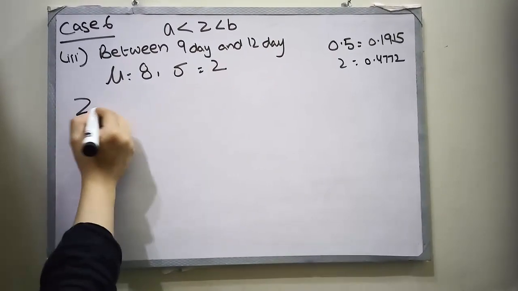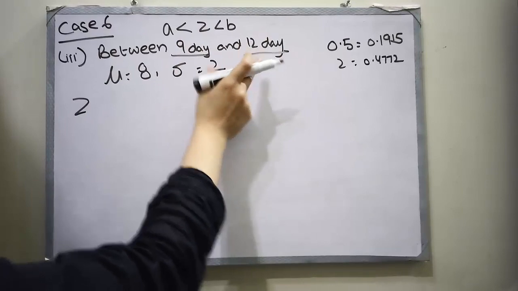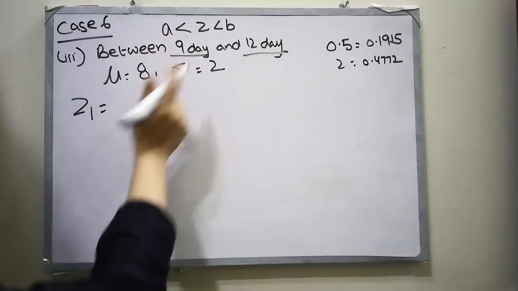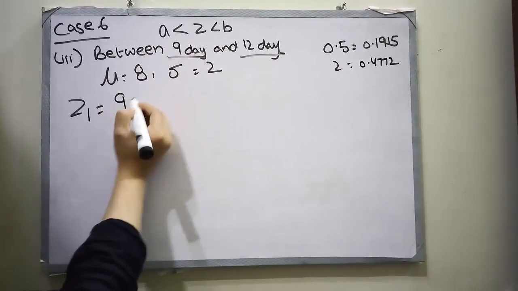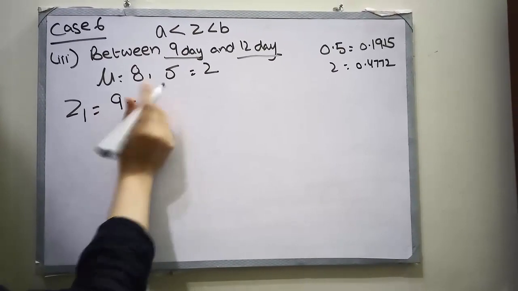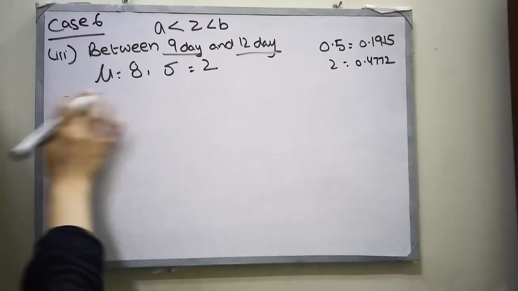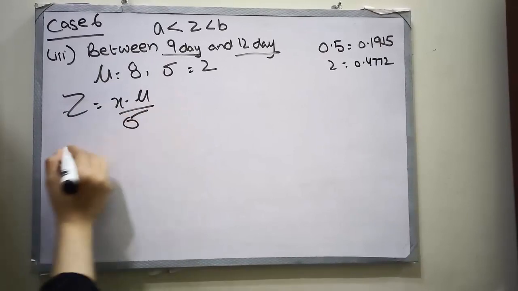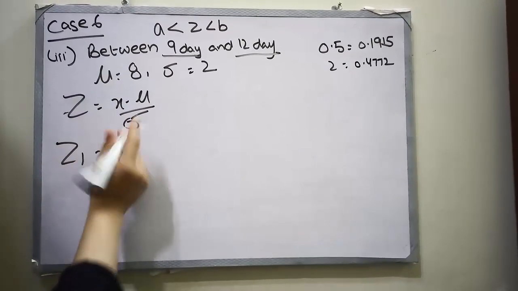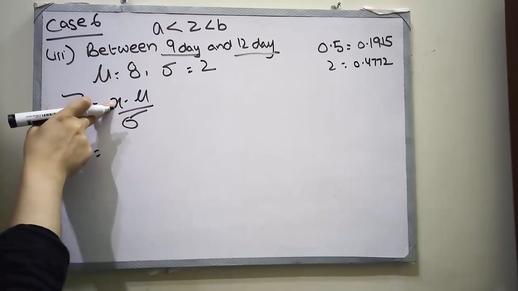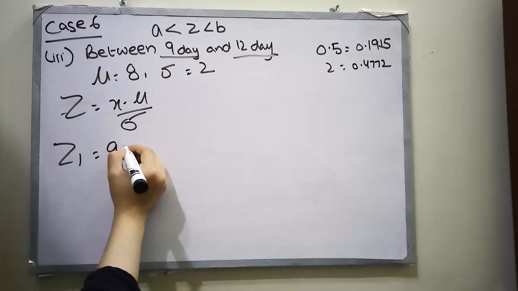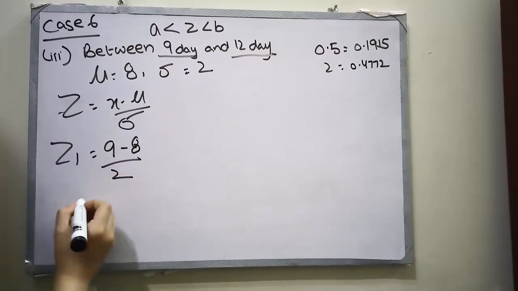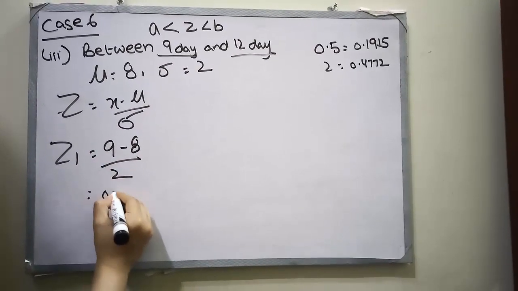As we have been given 2 values, we have to find 2 z values. So for z1, we first write the formula, z equals x minus mu divided by standard deviation. For z1 we write the value of our first x, which is 9. So 9 minus 8 divided by standard deviation 2 equals 0.5.